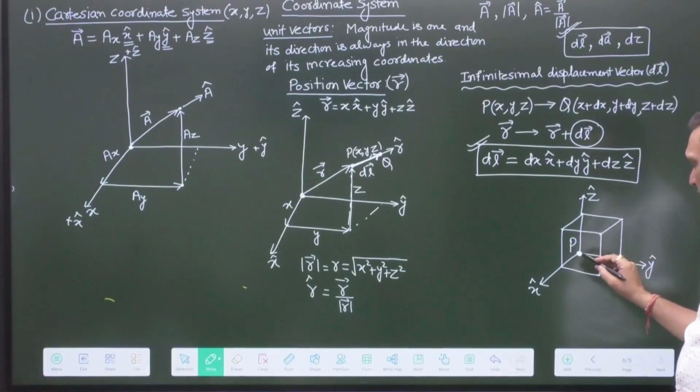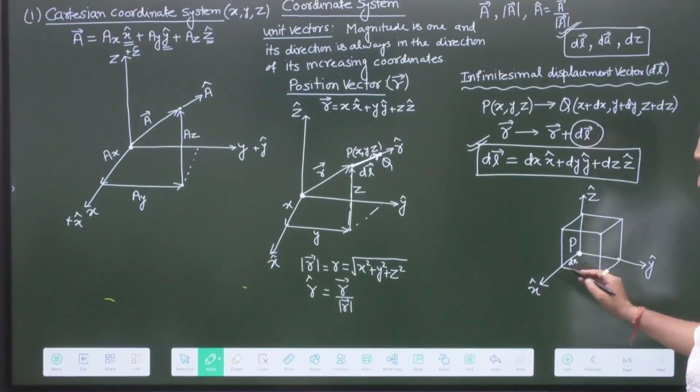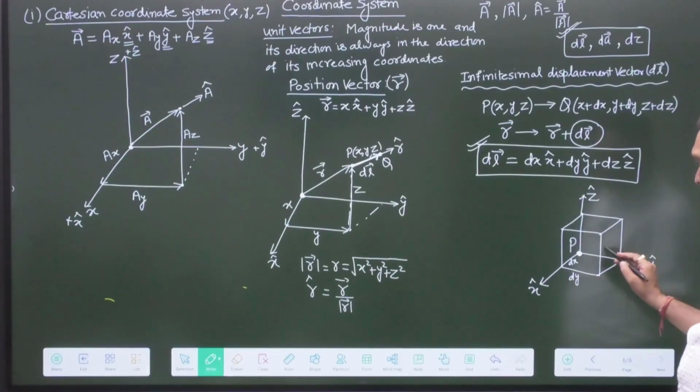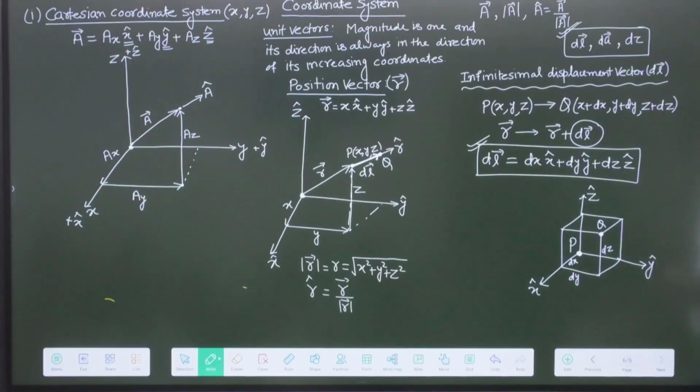So this is X, Y, Z. X changes to dx, so I am writing this change is dx. This change will be dy, and this change is dz. So this will be point Q.